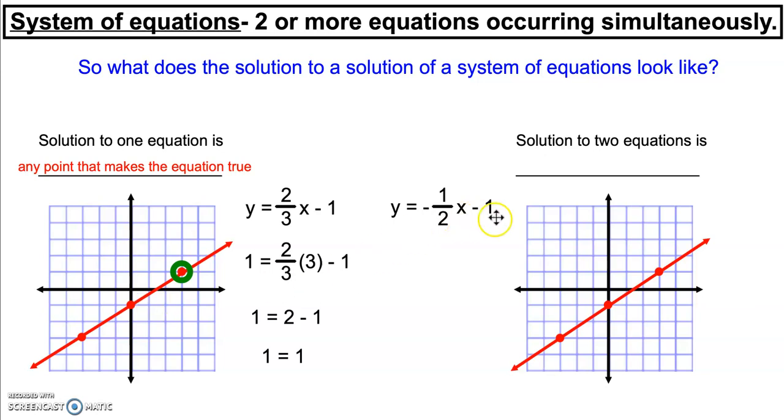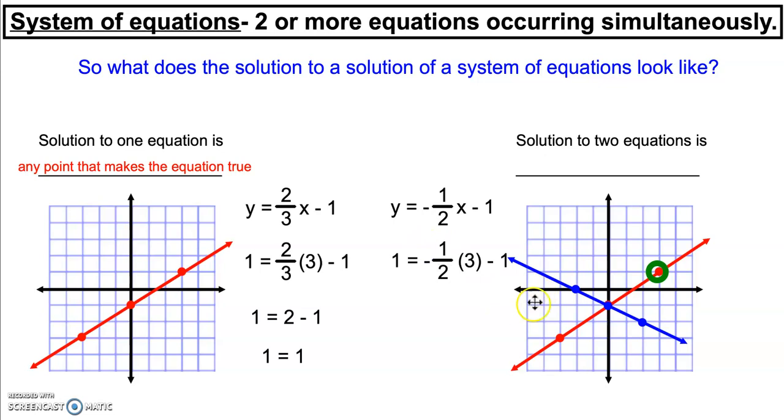For example, if I add another equation to this graph, I now have a system of equations. What if I tried that other point for this equation, y equals -1/2 x minus 1? What if I tried to plug in the point 3, 1? Will it be a solution for the blue line?